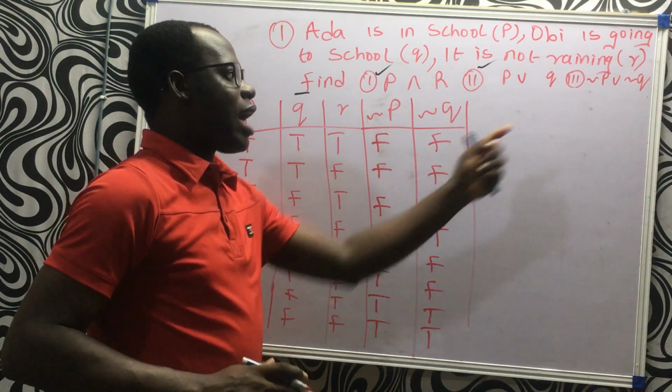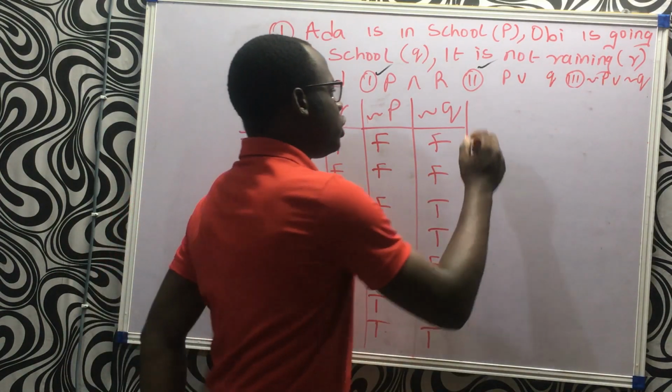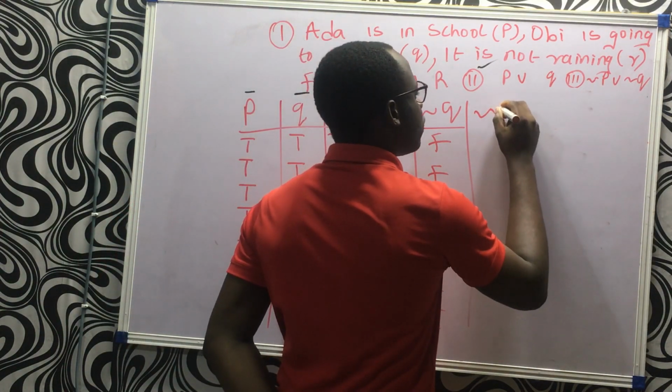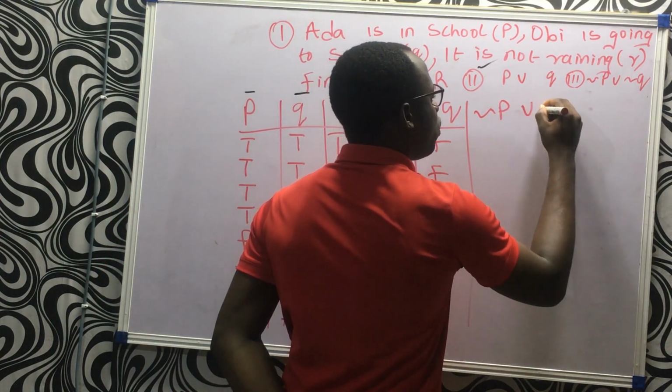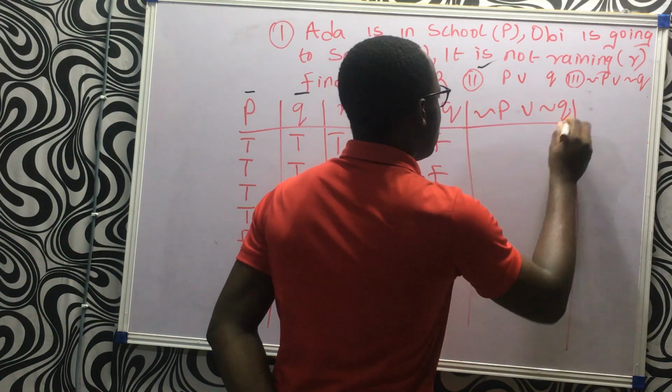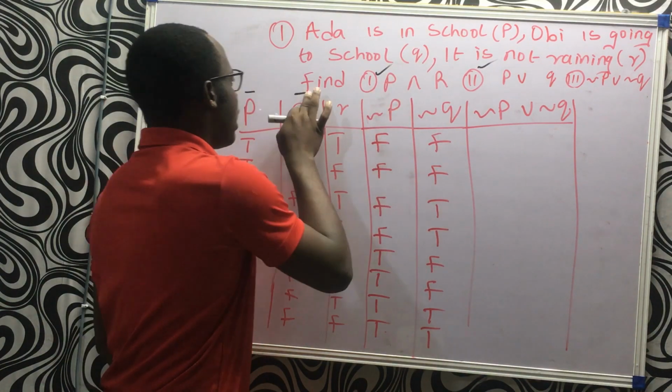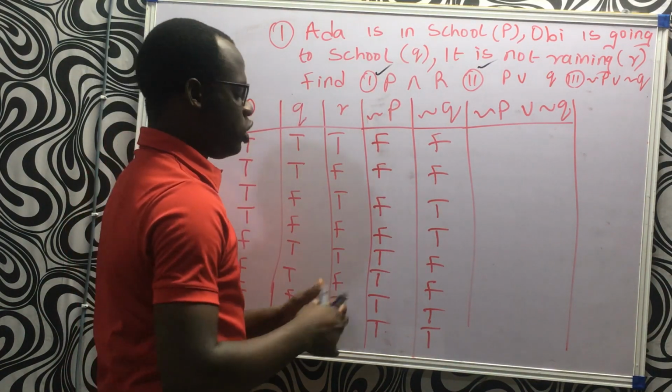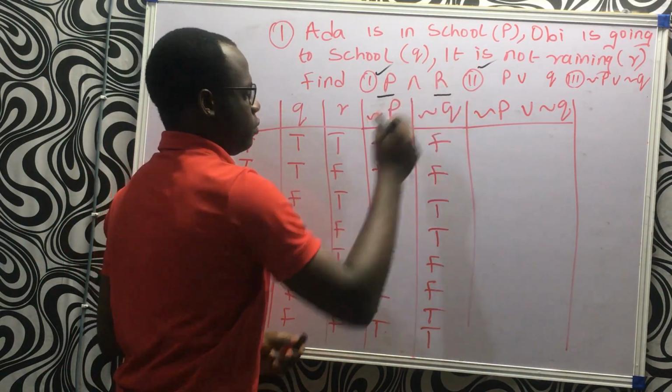Now we can answer this question, which is the negation of P or the negation of Q. Which means we are dealing with these two columns.